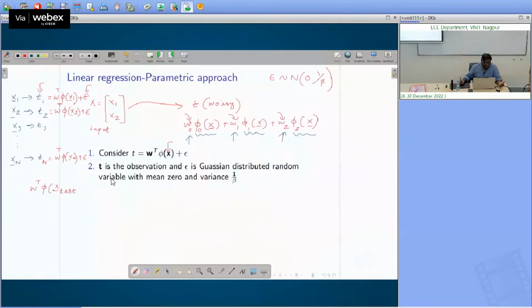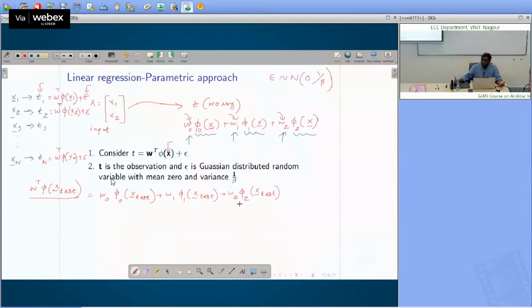If I give the test vector x test, I would like to know the corresponding value of the voltage. I am taking that as an example. So this is what I want. W transpose phi of x test is actually V naught. If I expand this, it is W0 phi 0 of x test, plus W1 phi 1 of x test, and then W2 phi 2 of x test.